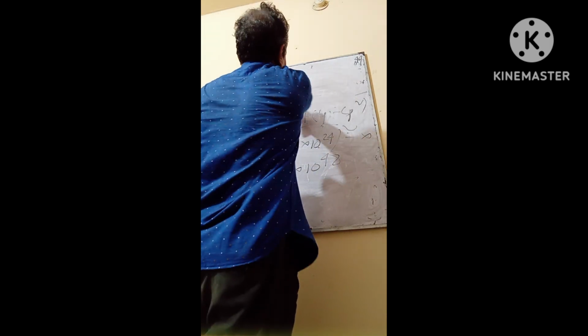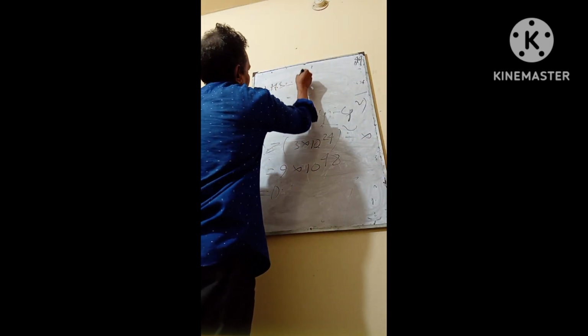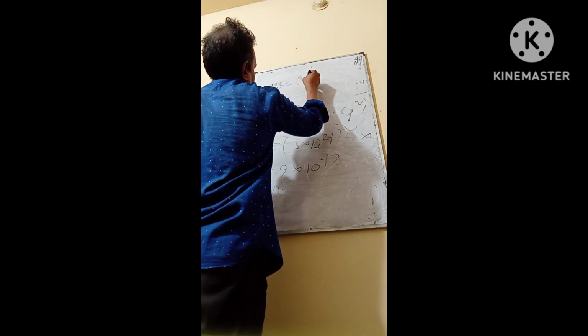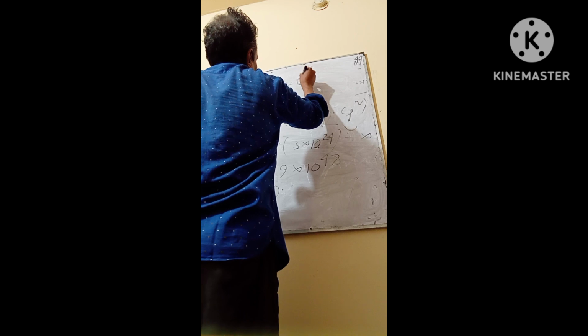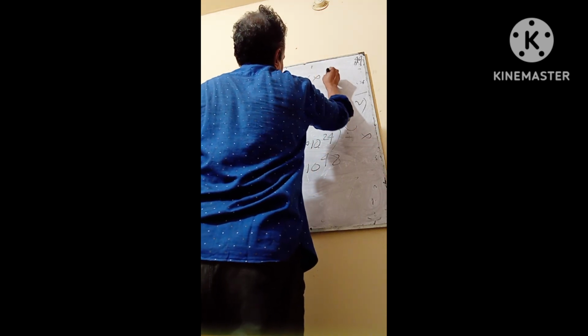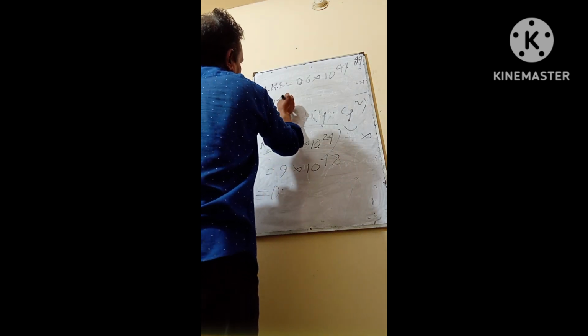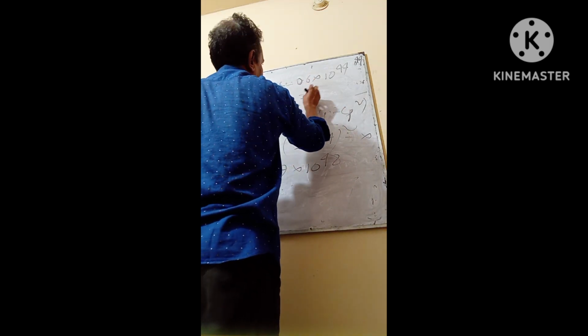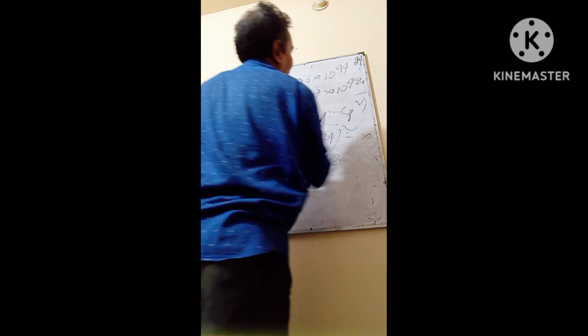So left hand side is 0.6 into 10 to the minus 44 and right hand side is 9 into 10 to the 48.